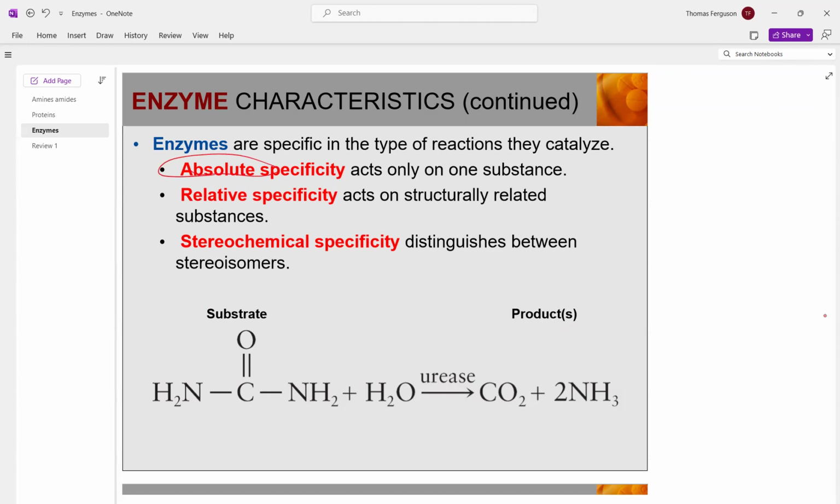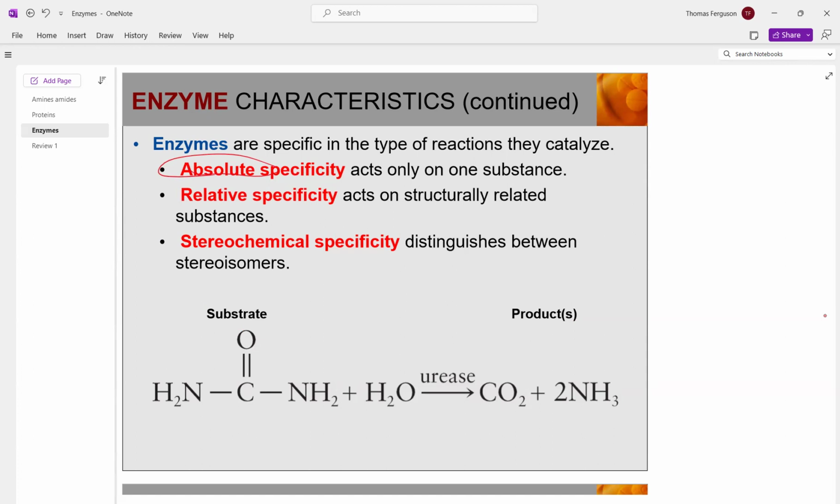For example, sucrase. Sucrase is an enzyme that catalyzes sucrose into glucose and fructose. It only works on sucrose, nothing else. So that's what they call absolute specificity. Relative specificity acts on related things.